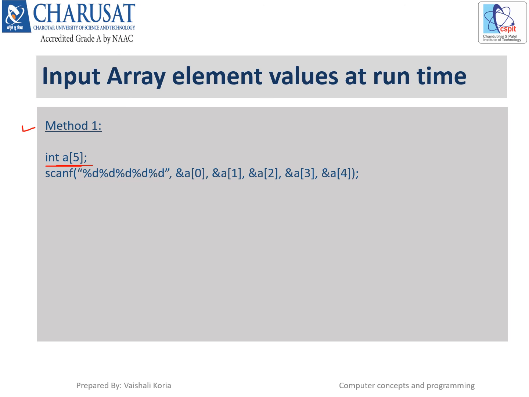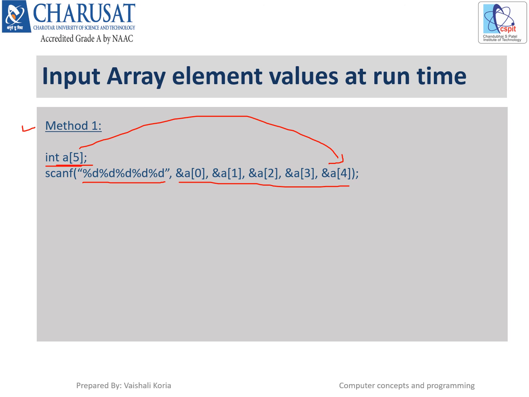And we have to write %d 5 times, and here we have to use 5 element names with the address of operator, address of A0, 1, 2, 3, like this. When you are declaring a 5 size integer array, obviously the last element's index is 4. So we have to write all these 5 elements and %d 5 times.